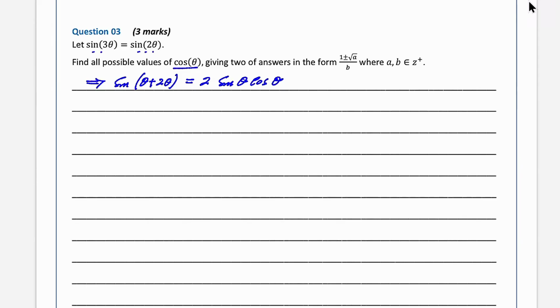So sine 2 theta cos. Now, sine theta plus 2 theta, what would that be? Sine theta cos 2 theta plus sine 2 theta cos theta minus 2 sine theta cos theta is equal to 0.